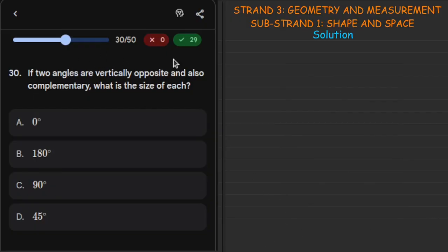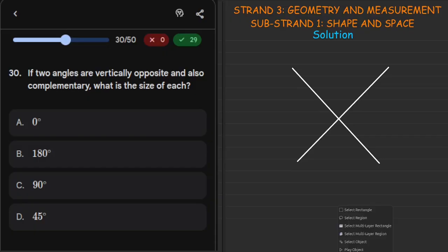We have our question number 30. If two angles are vertically opposite and also complementary, what is the size of each? So we have two angles here which are vertically opposite. Vertically opposite comes as a result of we having what? The X shape. So if I have angle A and then I have angle B, and we are saying they are vertically opposite, fine. Vertically opposite are equal.